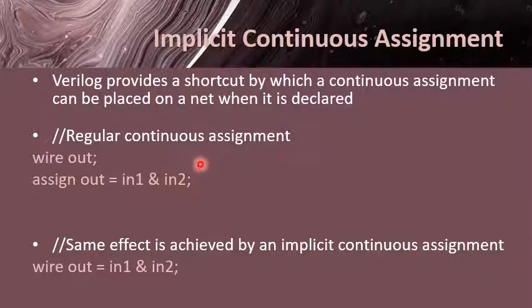The same effect can be achieved by implicit continuous assignment, wherein you are assigning while declaring the net itself. Anyhow, the left hand side signal should be a net. So we declare it as wire out, and here you can skip the assign keyword: wire out equal to in1 and in2. So this is the same as writing these two statements.